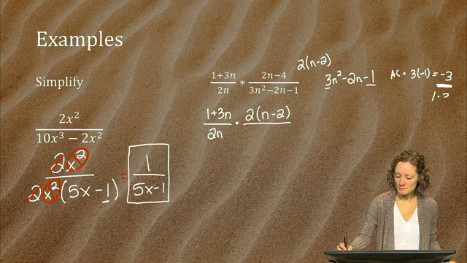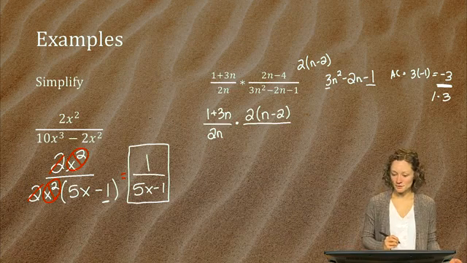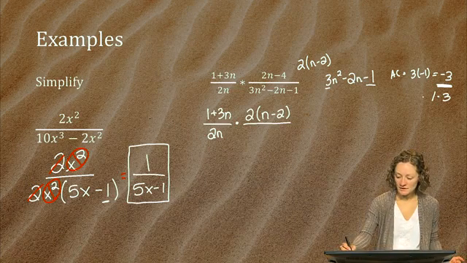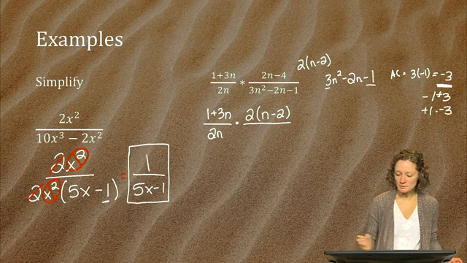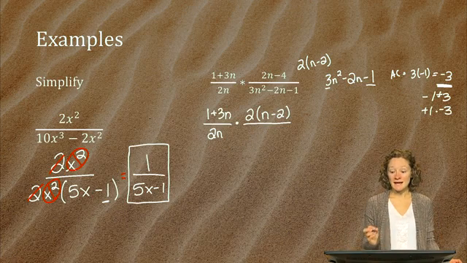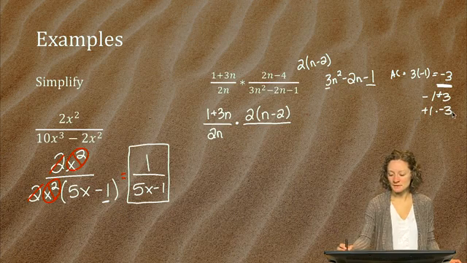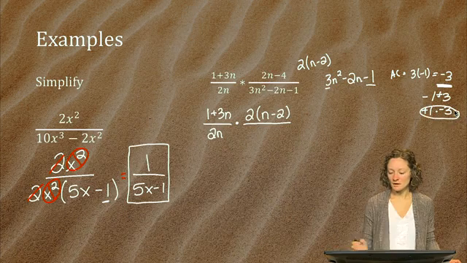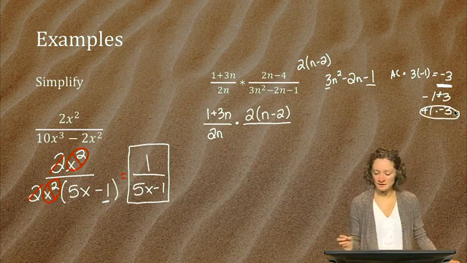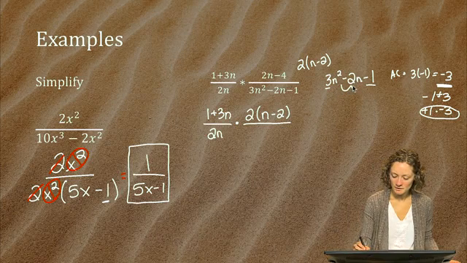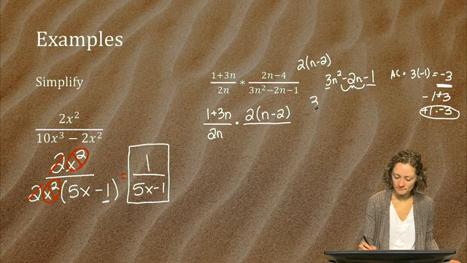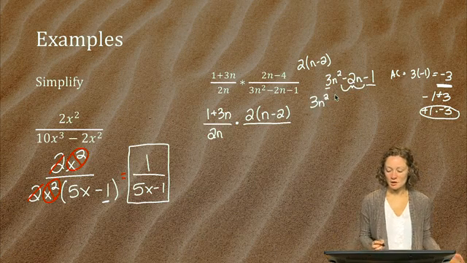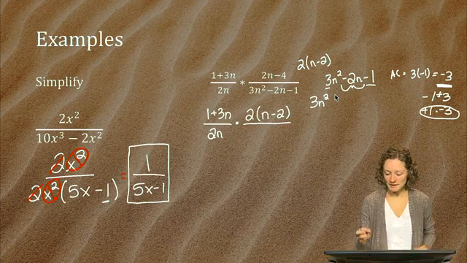Well, the only things that multiply to give us negative 3 are 1 and 3. And in order to get a negative, it has to be 1 negative, 1 positive. So these are our two options. To get negative 2, that middle term, we need positive 1 and negative 3. So take the middle term, break it apart into plus 1n minus 3n.